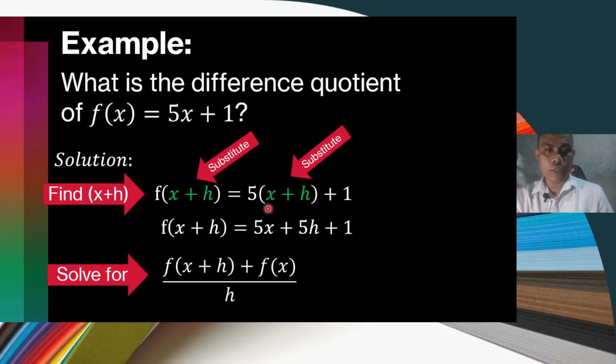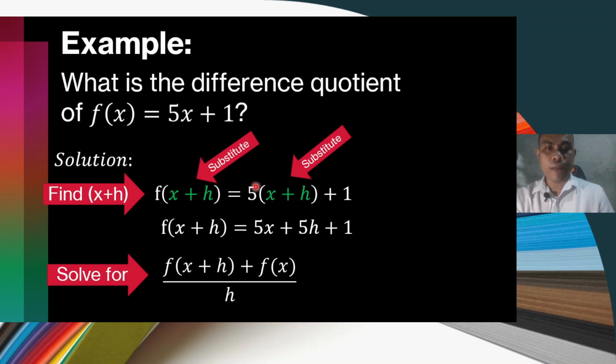So, it will look like this. This comes from our given, where we replaced x with x plus h. So, after doing the substitution, just use the DPM, the distributive property of multiplication.